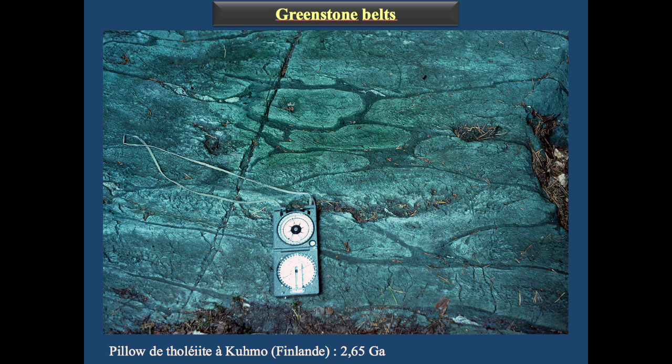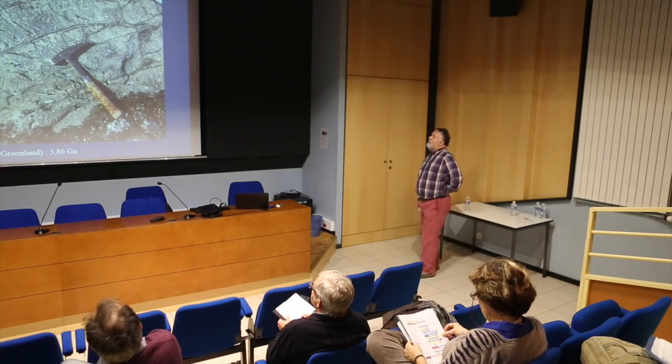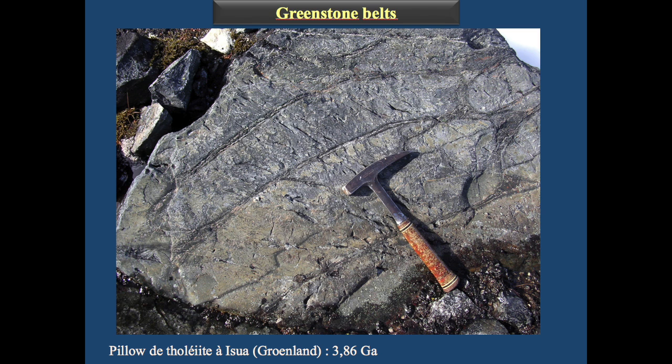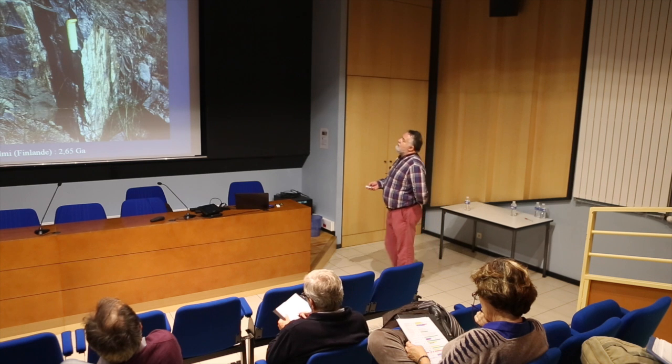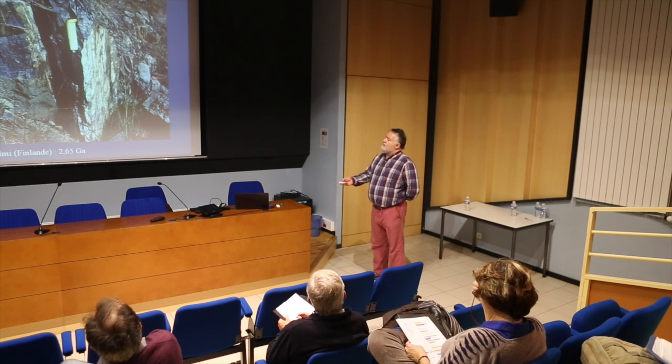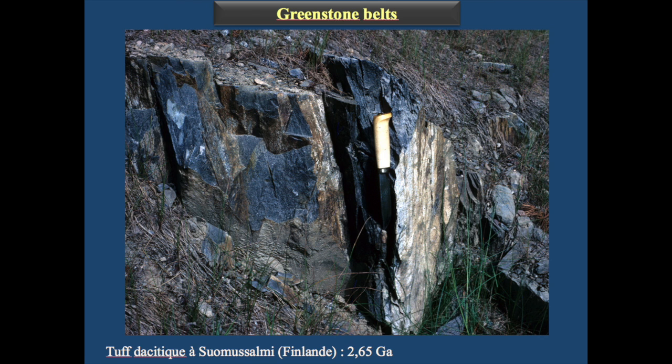So these are basalt pillows, here also pillows from Isua. The pillows are deformed, as you can see here. And also, on very rare occasions, we can find intermediate to acid lava, just like a dacite here. This is a dacitic tuff.